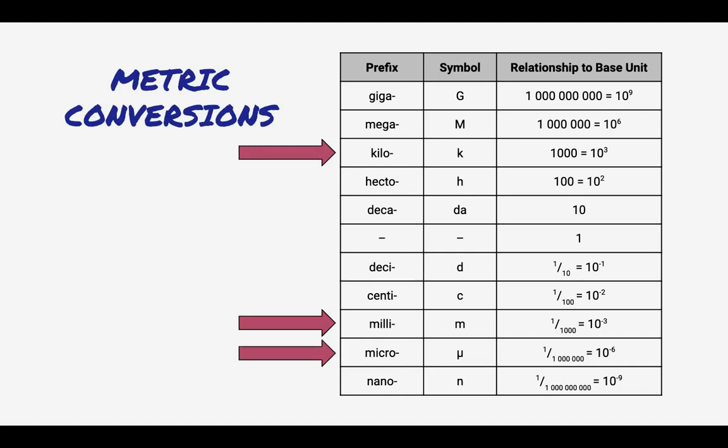Micro, which has a symbol of a Greek letter mu, there are 1,000,000 micrometers, for example, in a meter. And then nano, it's 1,000,000,000 nanograms, say, or whatever you're working with, in 1 gram. Okay, so those four you should try to be very familiar with and be able to work with easily.